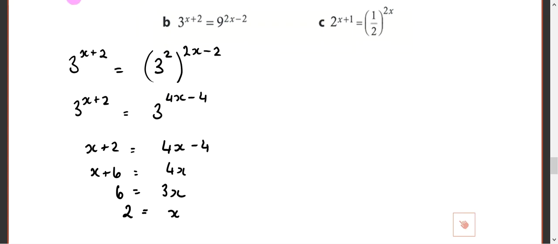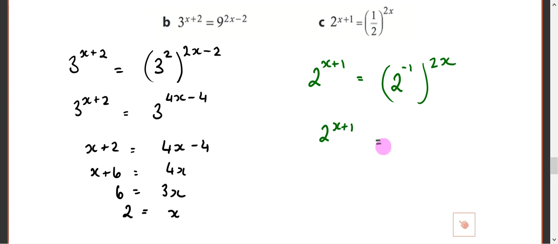What about this one now? Just to start this one off before you even. What do I do with the half? Okay, so that's the way to do this one, isn't it? It's 2 to the power of negative 1 to the power of 2x. So that will enable you to carry on. So we've got 2 to the power of x plus 1 equals 2 to the power of negative 2x.